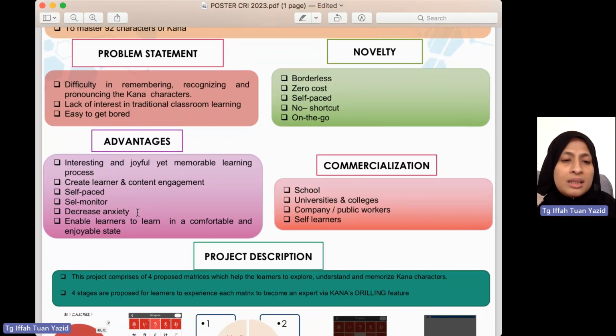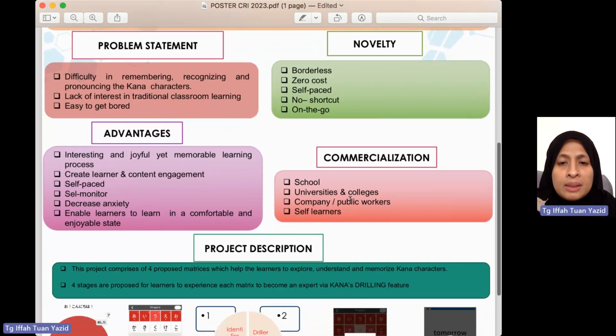Now with technology, it can decrease that feeling of anxiety. If learners are not satisfied with the result, they can keep on assessing the features inside. It also enables learners to learn in a comfortable and enjoyable state.